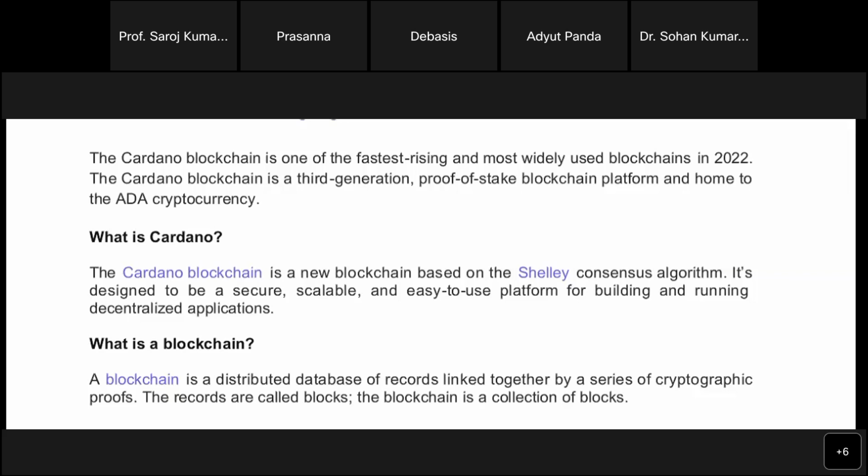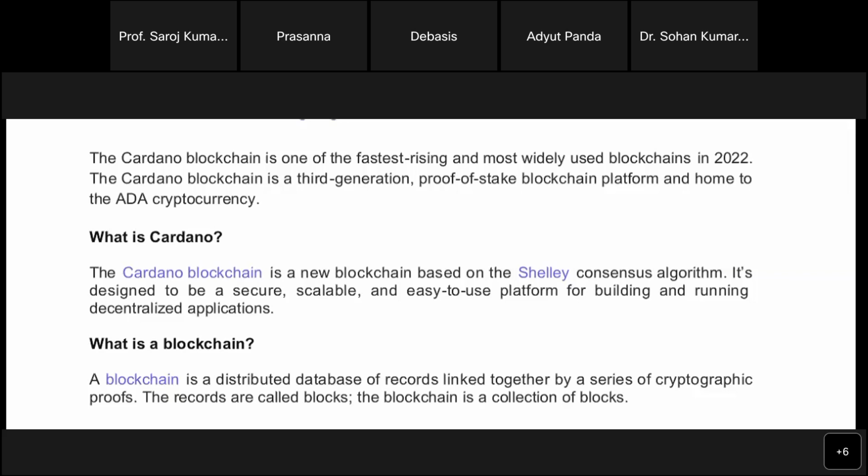Ethereum was partly developed by Charles Hoskinson. But after that, he joined Cardano and developed Cardano in 2015. He launched the platform in 2017. The second part is why we are using the Cardano blockchain.